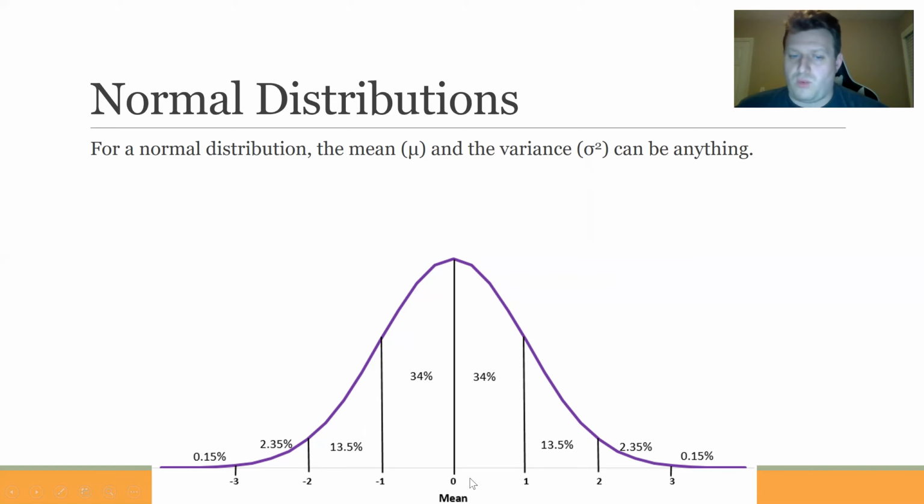This is mu right here on this line. 1 stands for 1 standard deviation above the mean. 2 stands for 2 standard deviations above the mean. -1 is 1 standard deviation below the mean. So what is the probability that someone will score between the population mean and 1 standard deviation unit above the mean? The probability is 34, and you should know that. Again, I don't ask you to memorize much, but this is important.